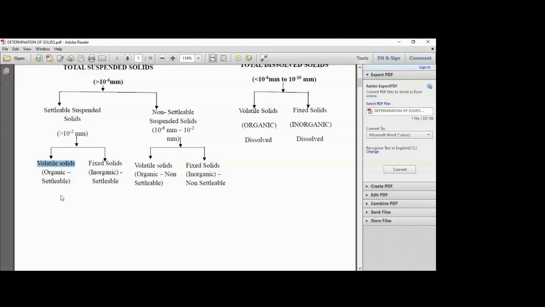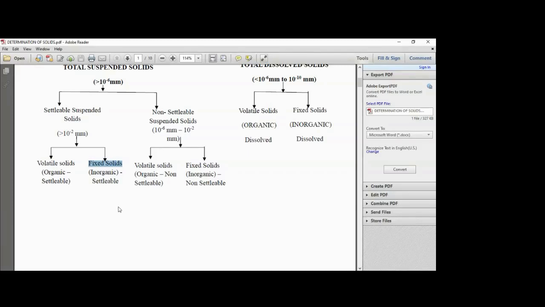Not only in case of burning, we can even do decomposition of this wood or organic matter. So what is happening when we do decomposition? This organic matter gets utilized, and hence these solids are called the volatile solids, right? So they are not fixed solids, they are volatile solids. But your fixed solids, irrespective of providing heat or irrespective of doing decomposition, anaerobic digestion, are going to remain as they are. These are called fixed solids.